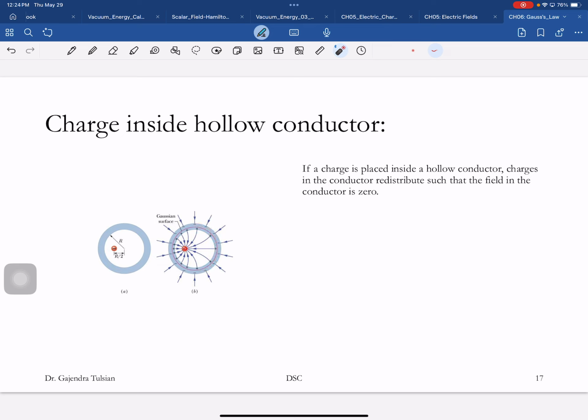So a bunch of positive charges collect here, whose magnitude is equal to that, and a bunch of negative charges collect here. These negative charges are symmetrically distributed such that the electric field is uniform there.